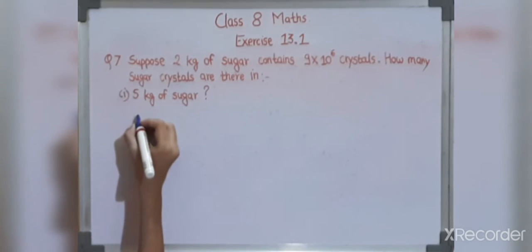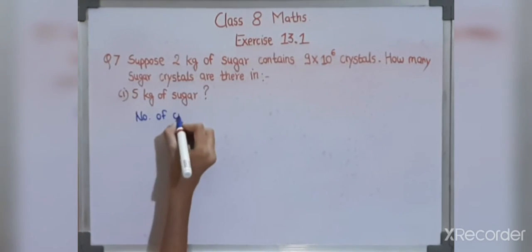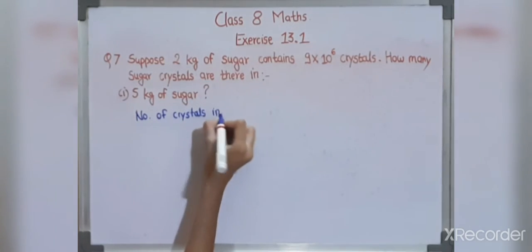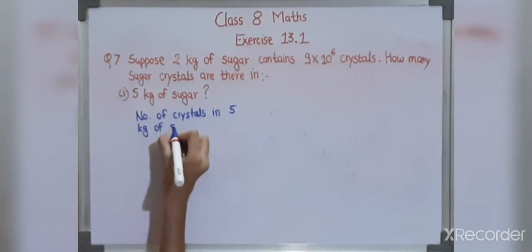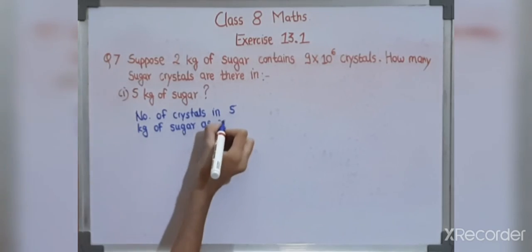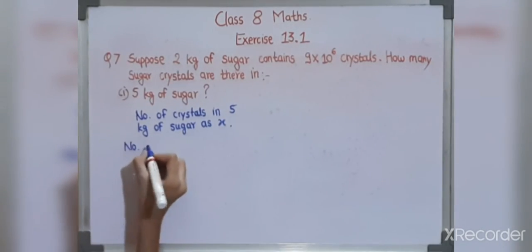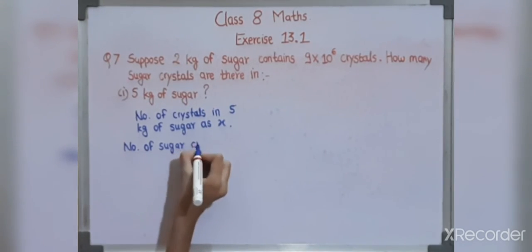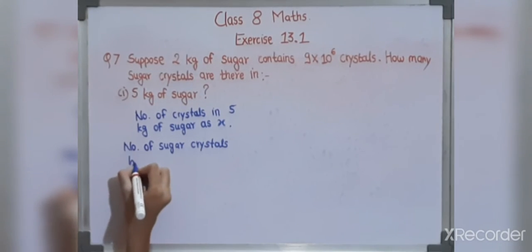So we will assume number of sugar crystals in 5 kg of sugar as x. So here, number of sugar crystals, then weight of sugar.